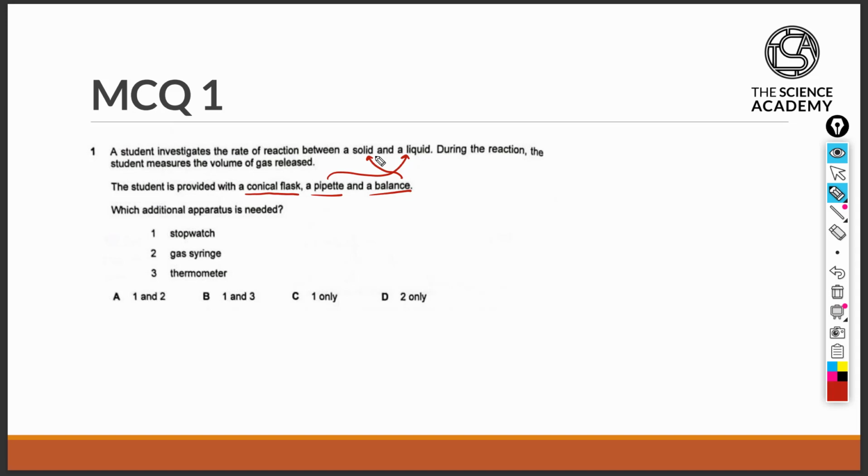It is important to note that the volume of gas released is going to be the final measurement needed, and this measurement will be obtained across the entire duration of the reaction, meaning we need to know the specific volume of gas at time point of 1 minute, 2 minutes, 3 minutes, and at each time point specifically how much gas is produced and collected.